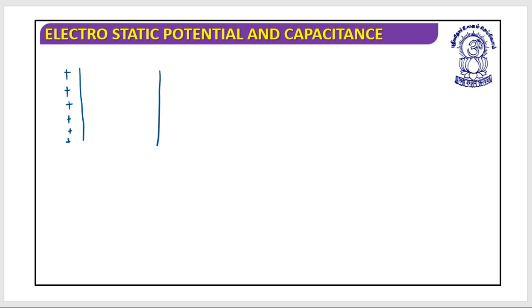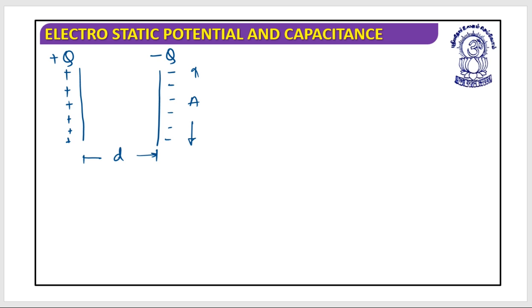This plate is positively charged and this plate is negatively charged. That means this has a charge of plus Q and this has a charge of minus Q. The separation between these two plates is T, and the cross-sectional area of each plate is A.